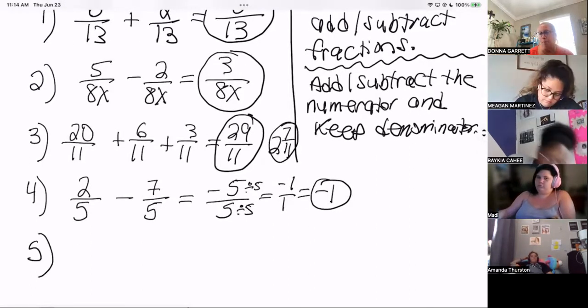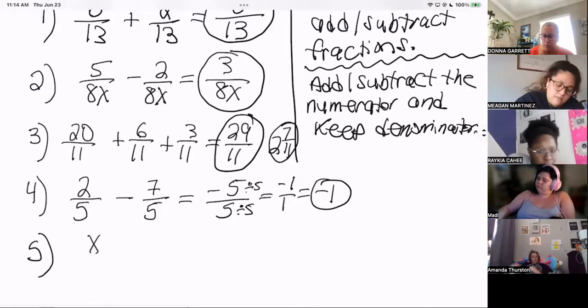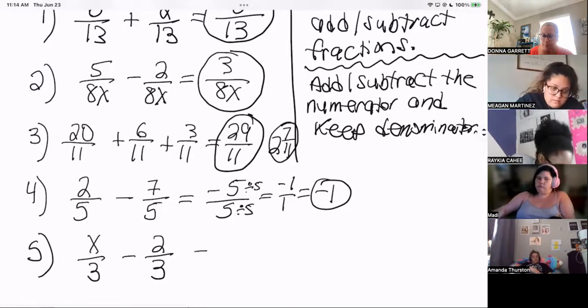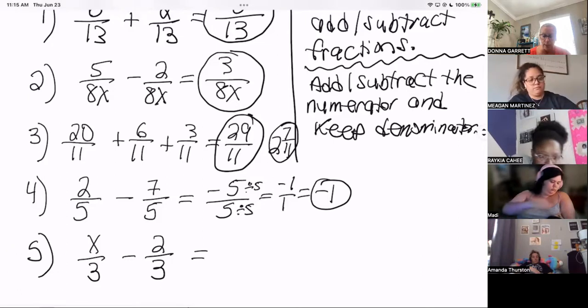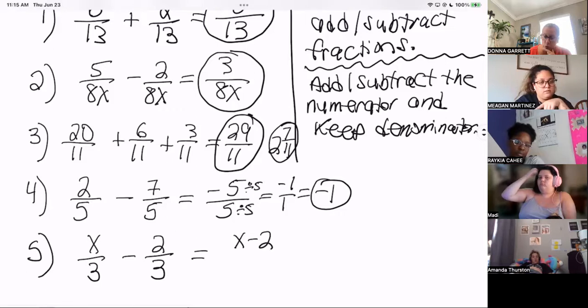5. Now, you have to be very, very careful when we have a variable. For instance, like this: x over 3 minus 2 over 3. So we don't have two numbers in our numerator that we can put together. We have an x and we have a number. They are not like terms. We cannot add them or subtract them. So how do we keep them? We go like this: x minus 2 over 3.